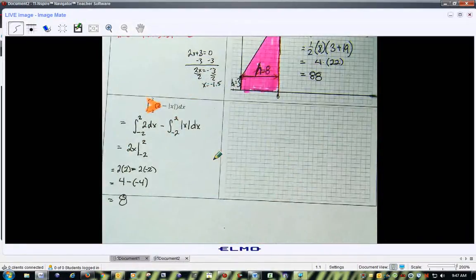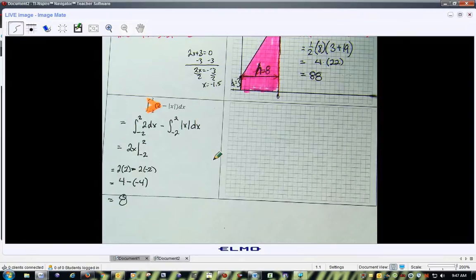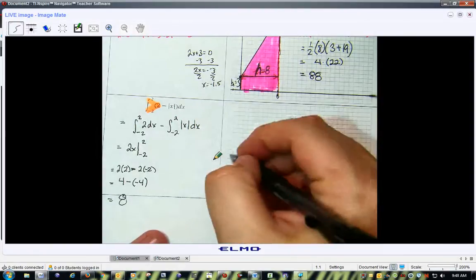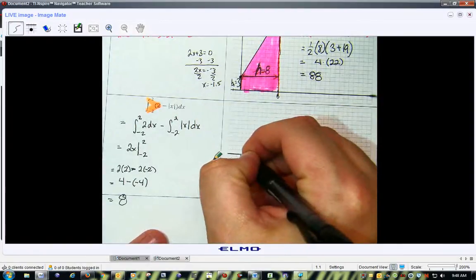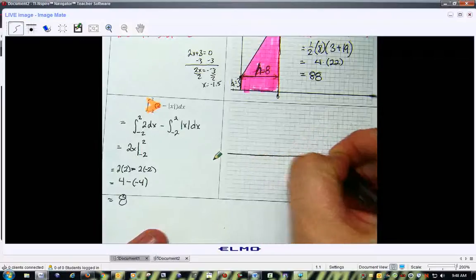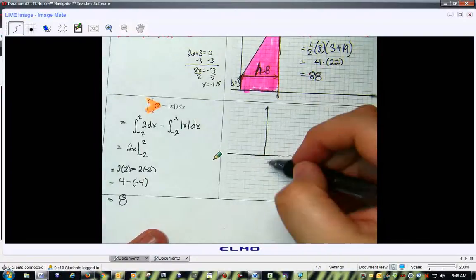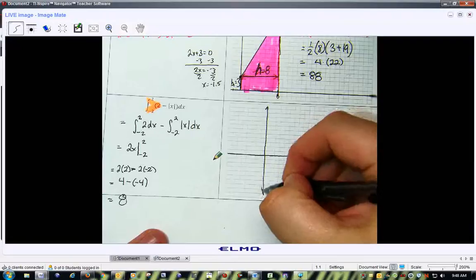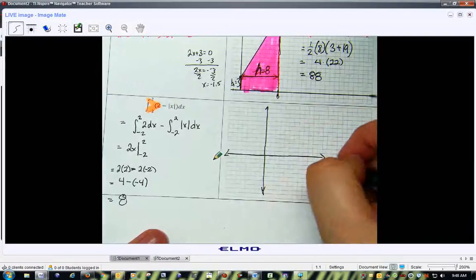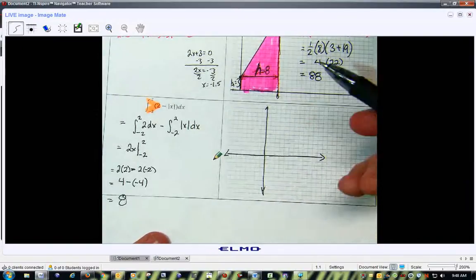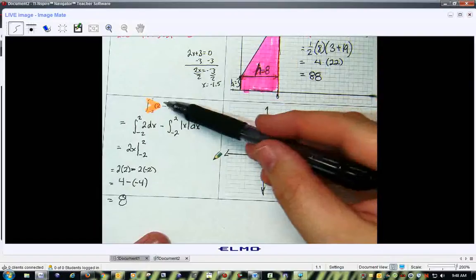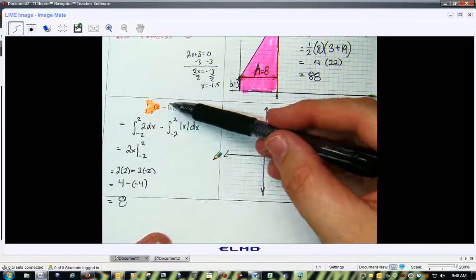And now I have to figure out the absolute value of x. I'm just going to do a quick graph. Now, when is this equal to 0?